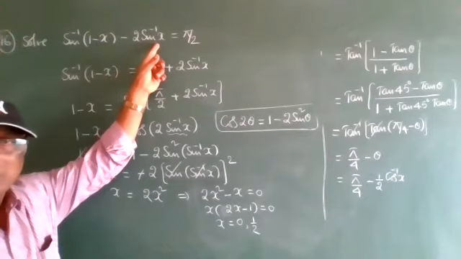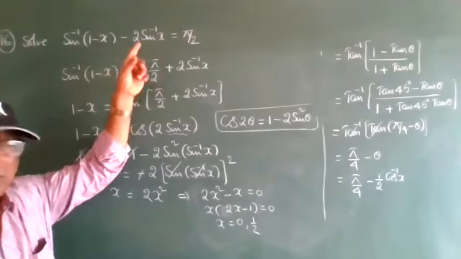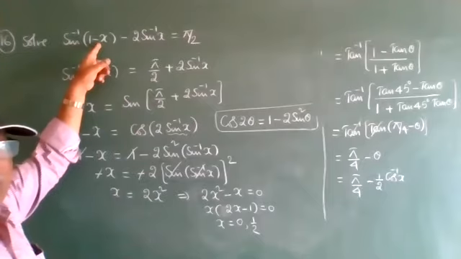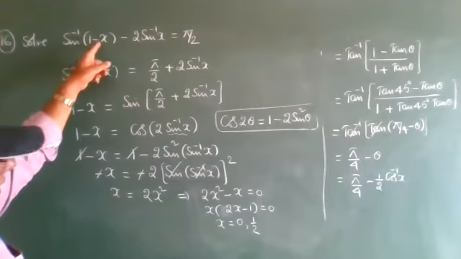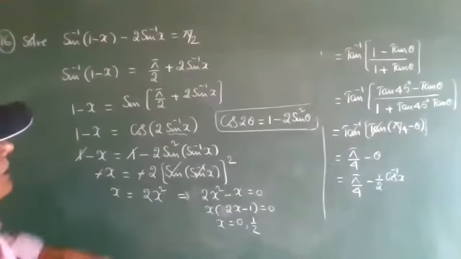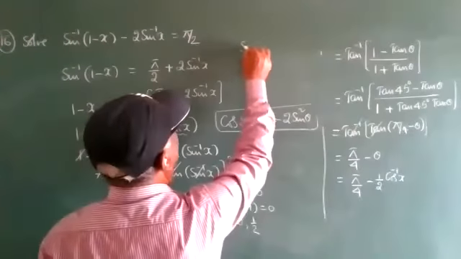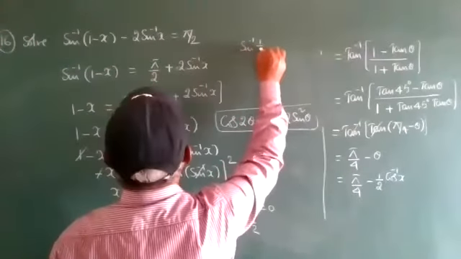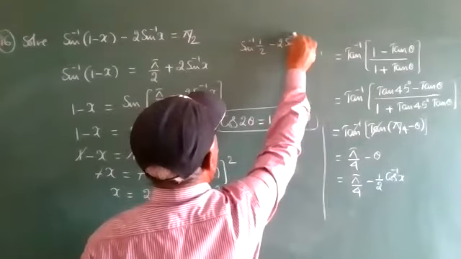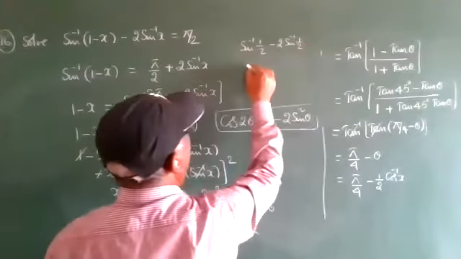So 1 minus 1 by 2 is sine inverse of 1 by 2, minus 2 sine inverse of x, where x is 1 by 2.